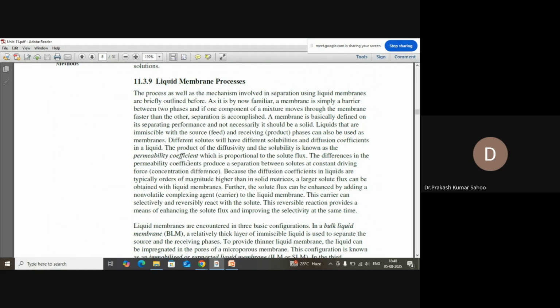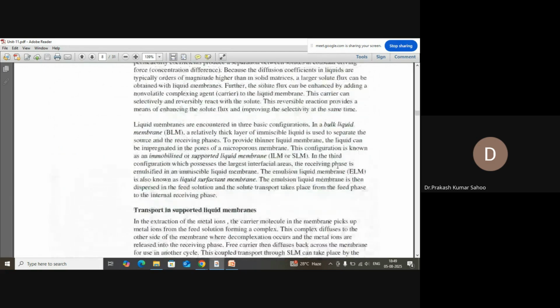Liquids that are immiscible with the source and receiving phases can also be used as a membrane. Different solutes will have different solubilities and diffusion coefficients in a liquid. The product of the diffusivity and solubility is known as the permeability coefficient. And this is all about the liquid membrane process.